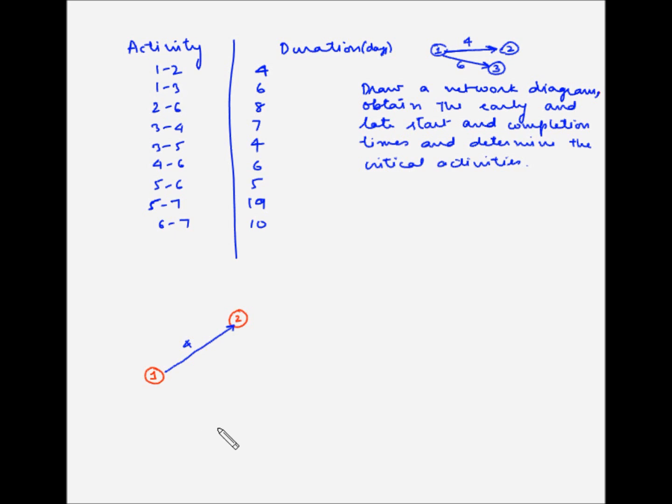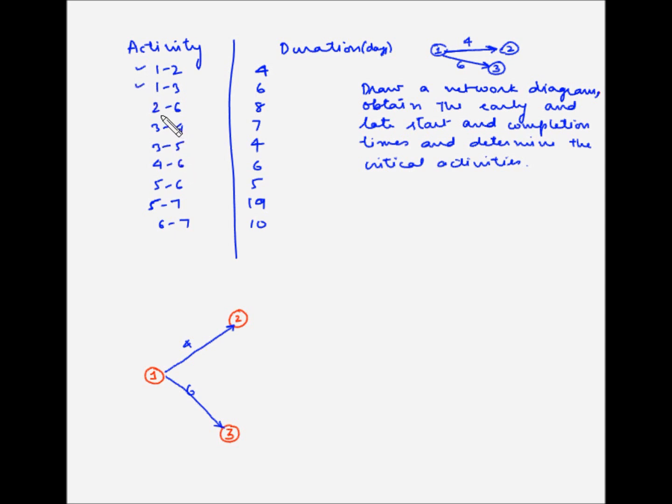So let us draw node number 3. Now let us draw the activity between these two nodes, and the duration for activity 1-3 is 6. So here we have completed 1 to 2 and 1 to 3.